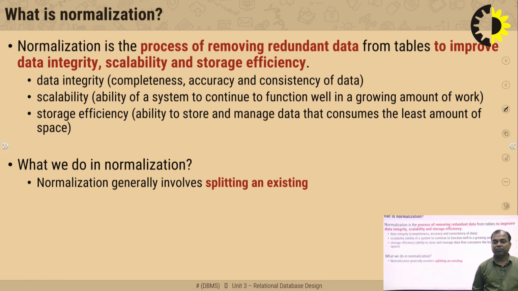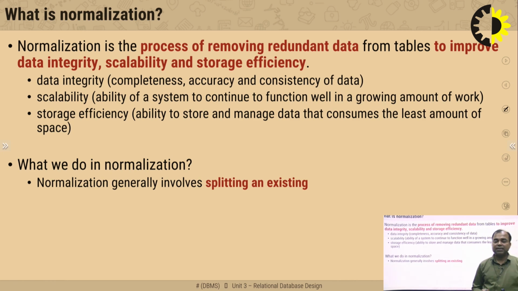In computing, we must always try to save time and space. If the data is written several times, it takes more space in your computer, so we try to restrict the repetition of data in the tables.